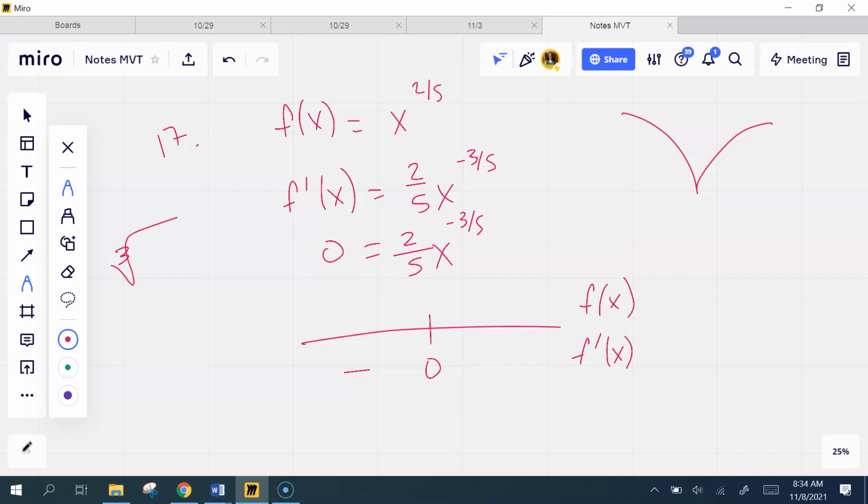Odd roots, whatever sign is under here is the sign that ends up here. If this is negative, then it's going to be negative here. If this is positive, then it's going to be positive. They keep the same sign. So if I plug in a negative, I get a negative. If I plug in a positive, I get a positive. So this is what my function is looking like.